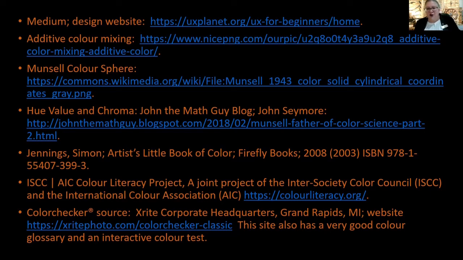That site also has a very good interactive color test based on the Munsell color sphere. If you ever want to find out how good you really are at figuring out colors, take that test. It only takes a few minutes, and it's really surprising when you think about what's going on with color.